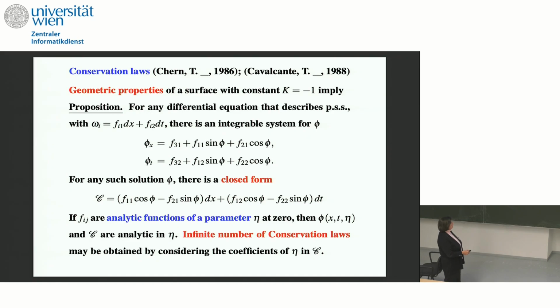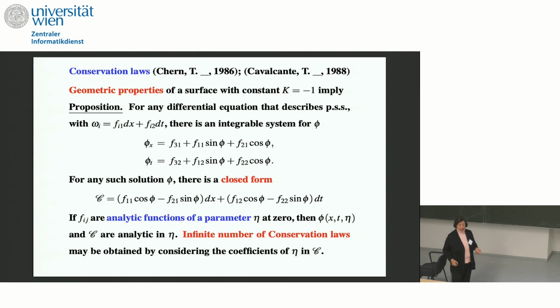Okay, so this is how the geometry comes in. Initially, the idea was given in this initial paper by Chern, but then later, in this other paper here, it's also almost an algorithm for how to get the conservation laws.